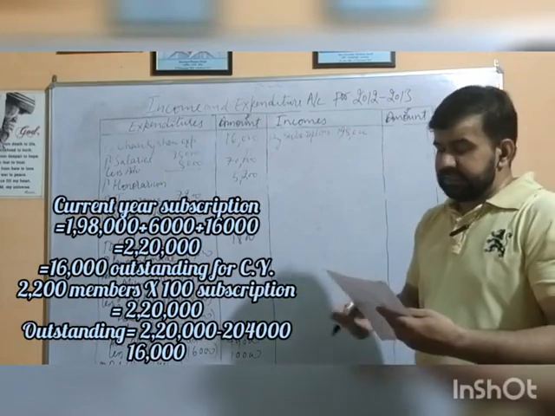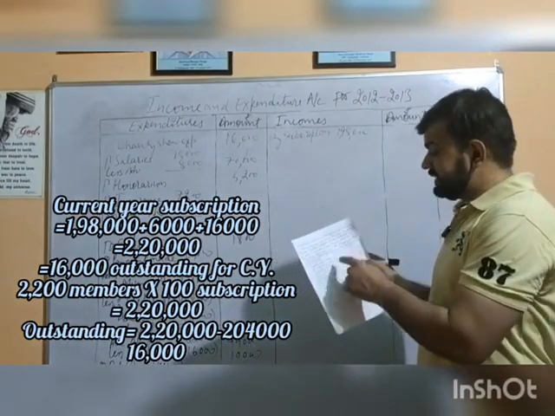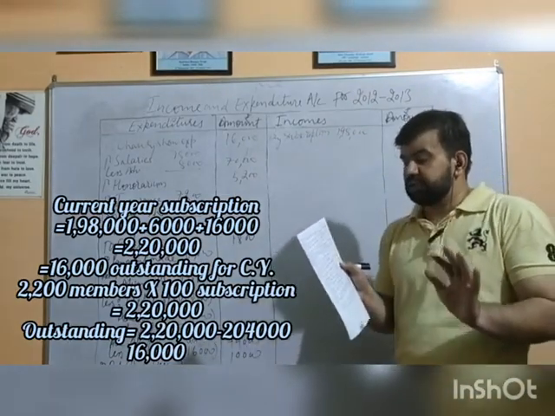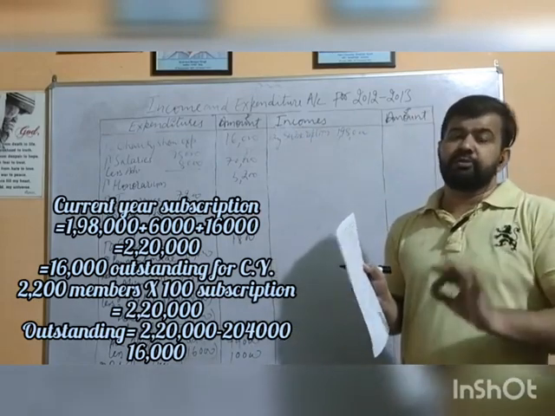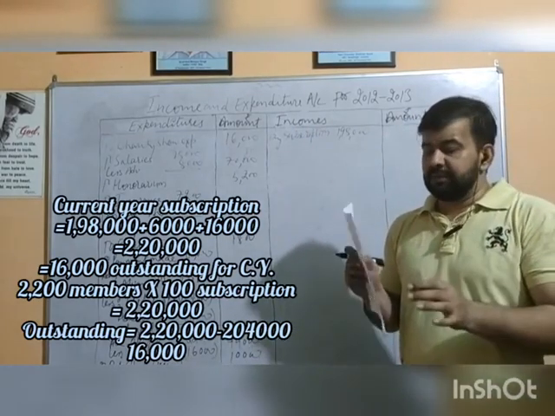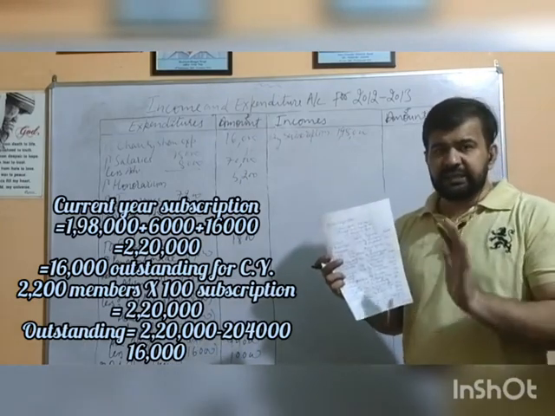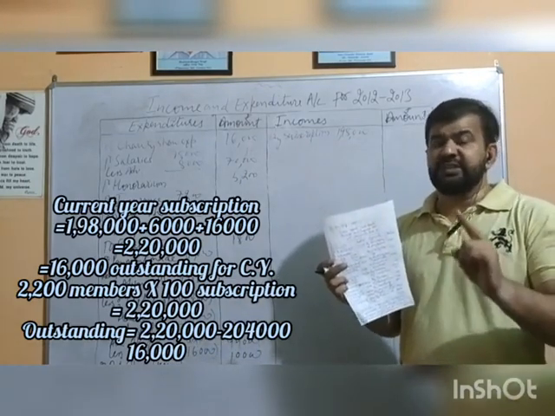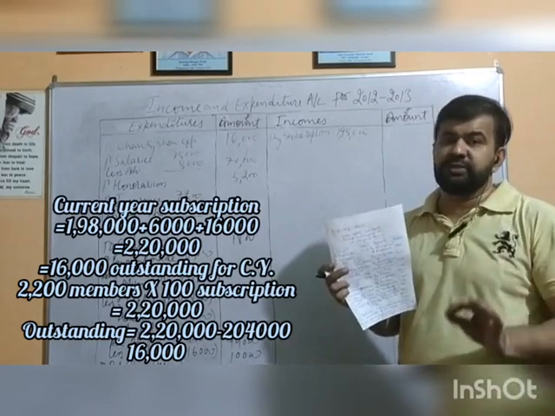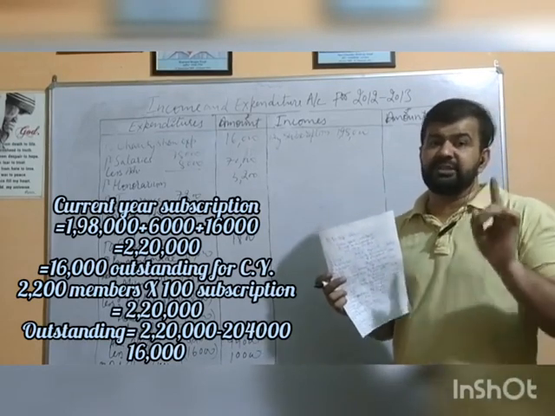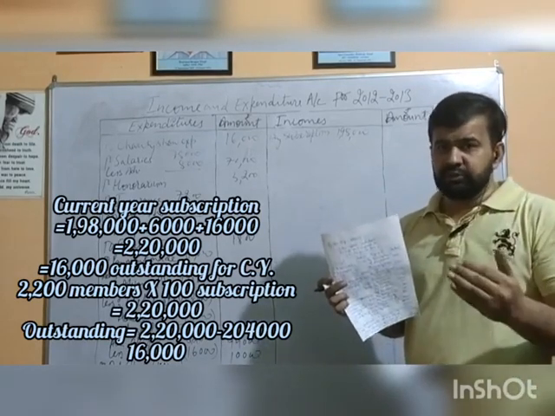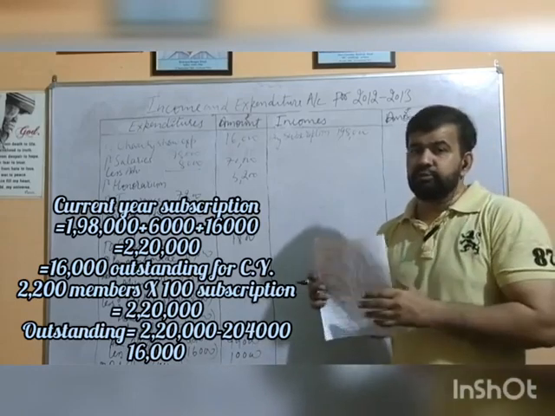It is said that there are 2,200 members, each has to pay rupees 100. So according to this, we must receive 2,20,000 in the name of subscription. But so far we have received 1,98,000 in the current year and 6,000 was received in advance in the previous year. So 2,04,000 has been received and 16,000 is still outstanding. 2,04,000 is to be subtracted from 2,20,000.